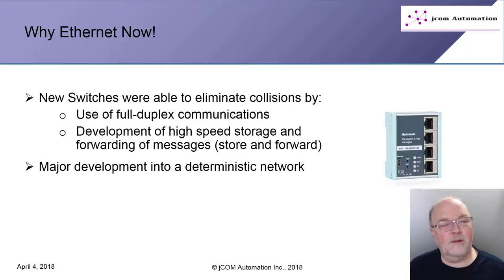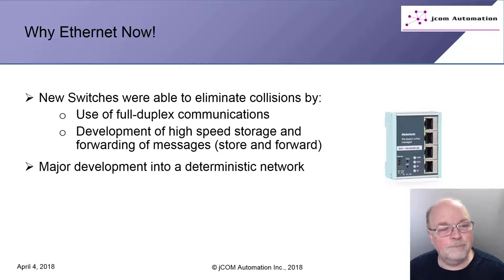And how we got that was by new switches that utilized full duplex communications and ones that had developed high-speed data storage and forwarding of messages, store and forward. These new switches had electronic technology that, to be fair, we probably couldn't have done 30 years ago.